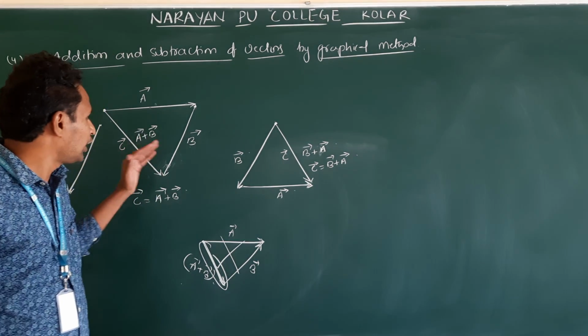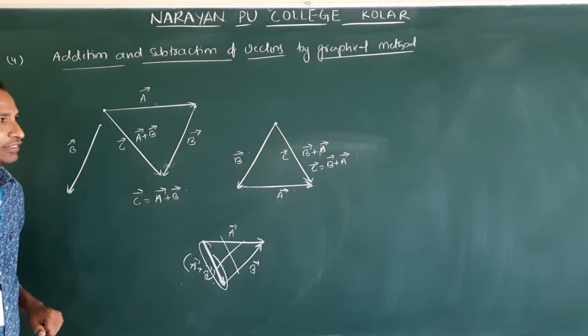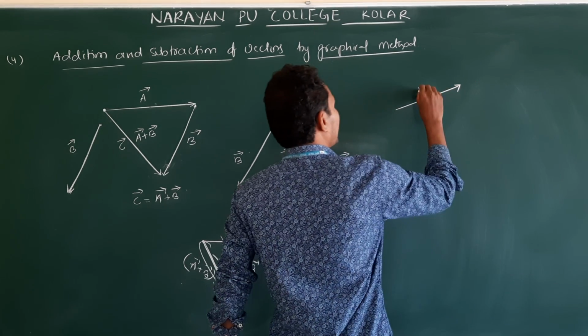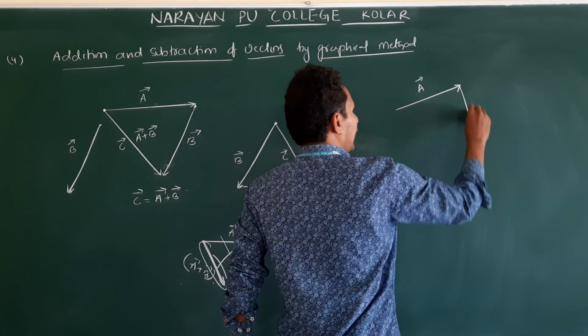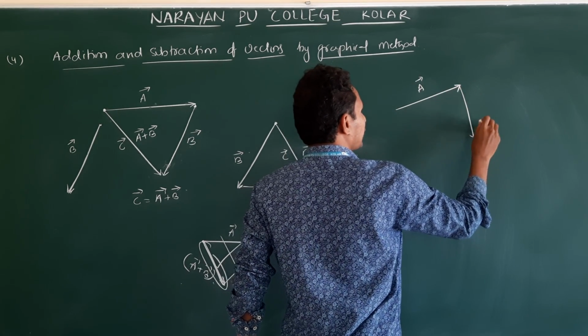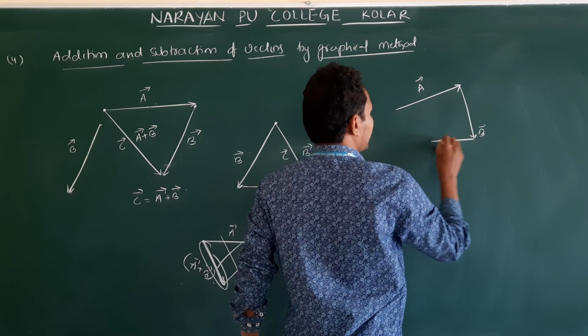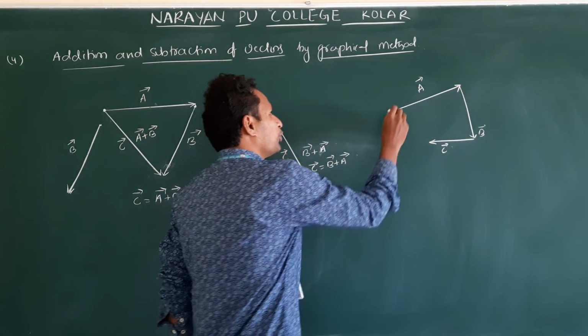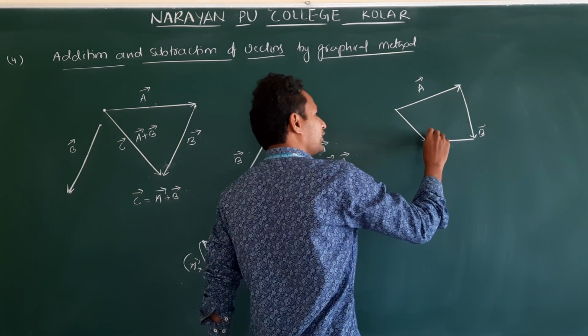Okay, suppose now I take only two vectors. Suppose we have vectors like this. This is one vector A, this is another vector B, and this is another vector C. Clear? What would be this closing side?